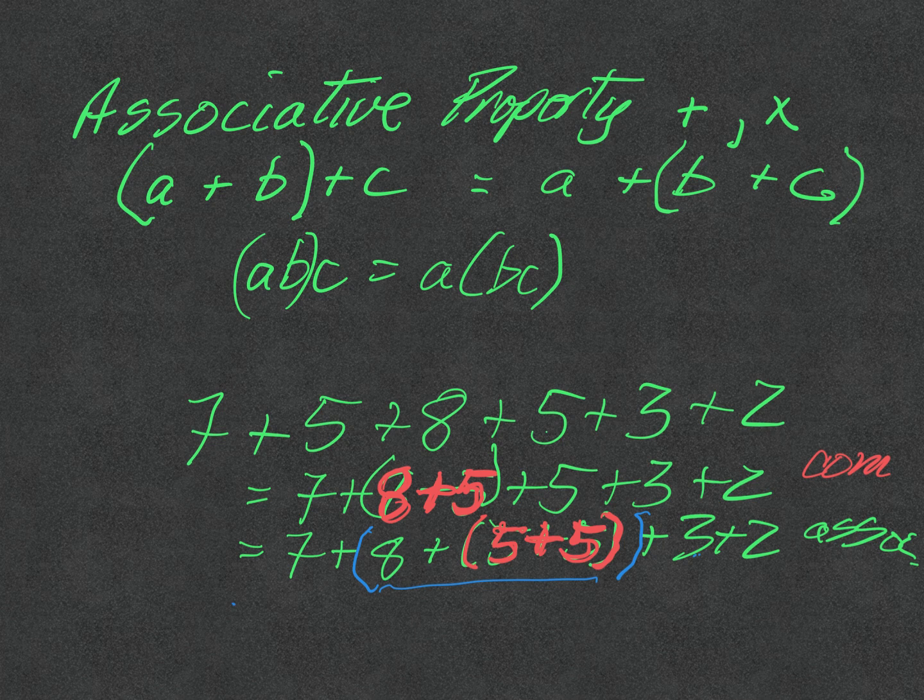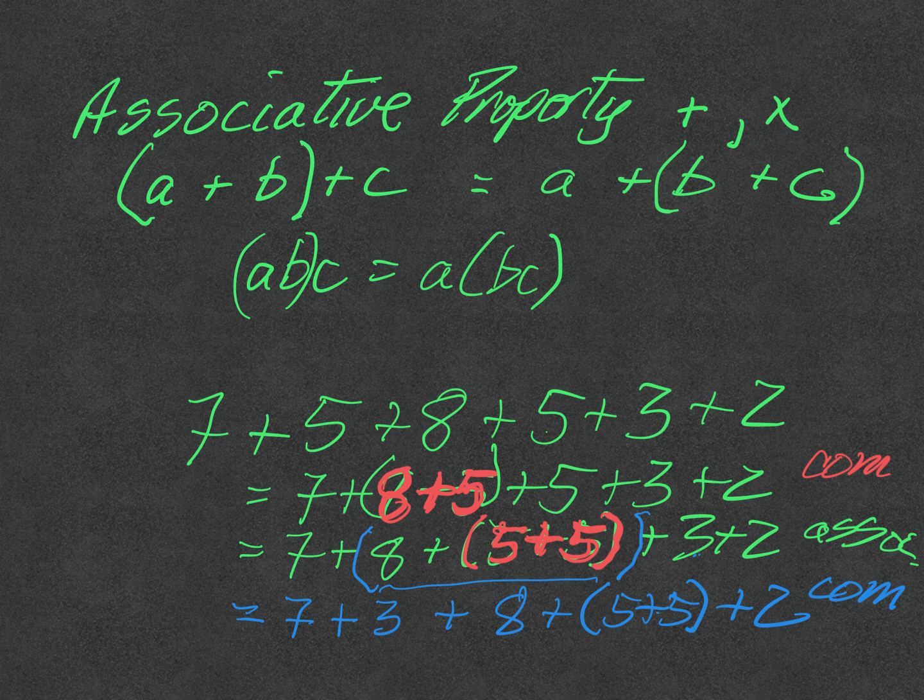So when I do that, I end up with 7 plus 3 plus 8 plus 5 plus 5 plus 2. That switching position, that's a commutative. I've now changed the order of the actual numbers.